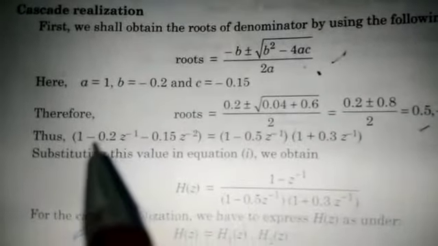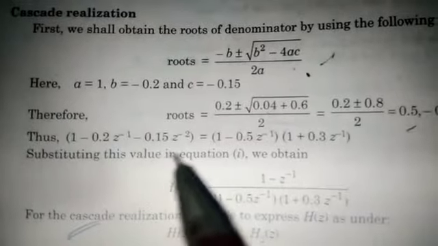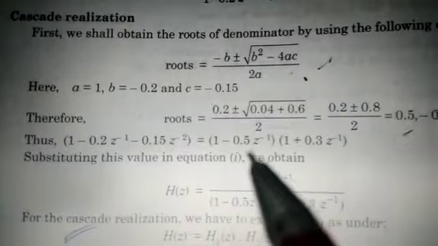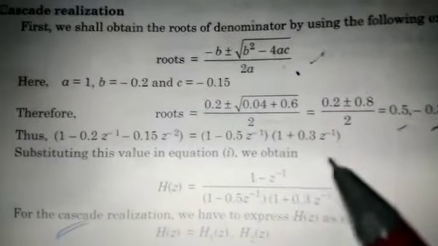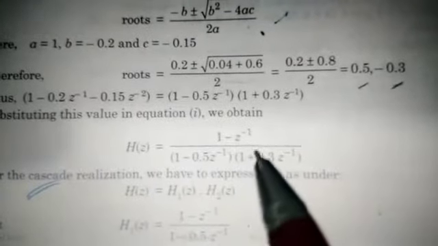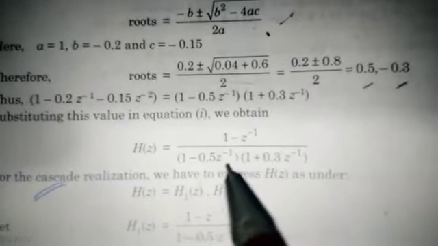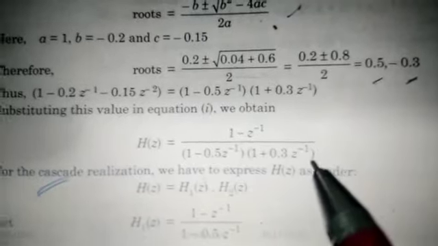So the polynomial in the denominator, 1 minus 0.2 z inverse minus 0.15 z to the power minus 2, is equal to having the roots, 1 minus 0.5 z inverse and 1 plus 0.3 z inverse, as we have got these two roots. Then this can be written as 1 minus z inverse upon, in first bracket, 1 minus 0.5 z inverse, and in second bracket, 1 plus 0.3 z inverse.